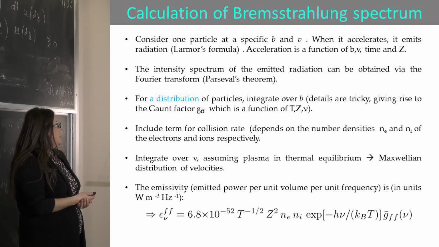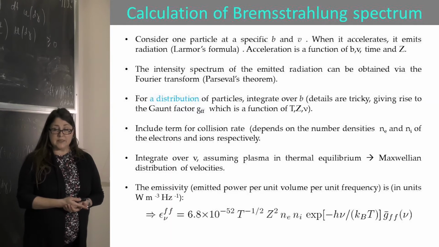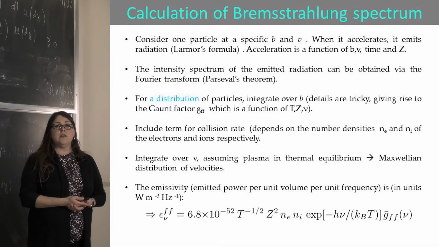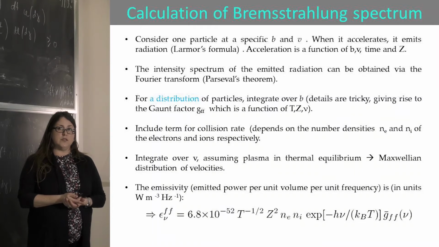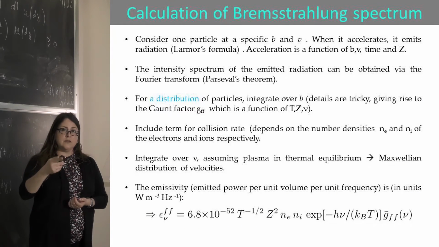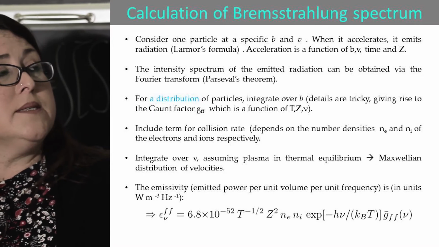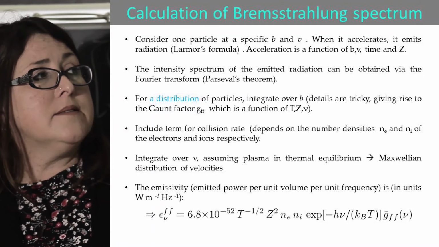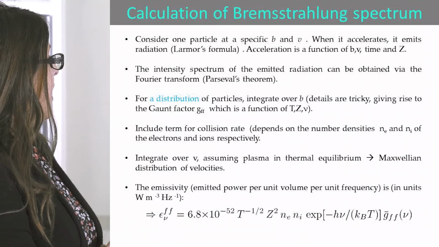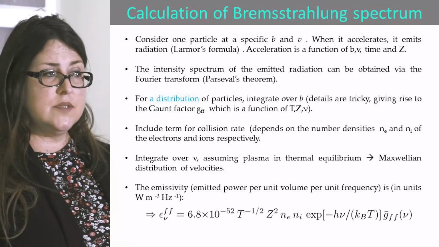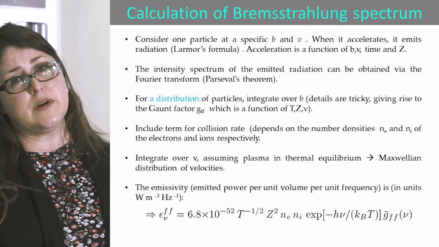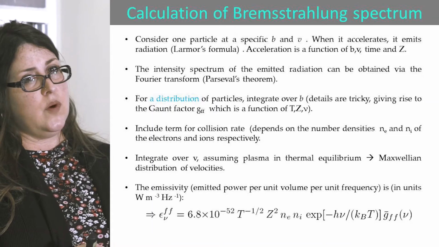For example, if you assume that the plasma is in thermal equilibrium, the particles will have a Maxwellian distribution of velocities, so you will have to integrate over all this distribution. What happens at the end is that you will find a result which has to be corrected by the quantum effects.